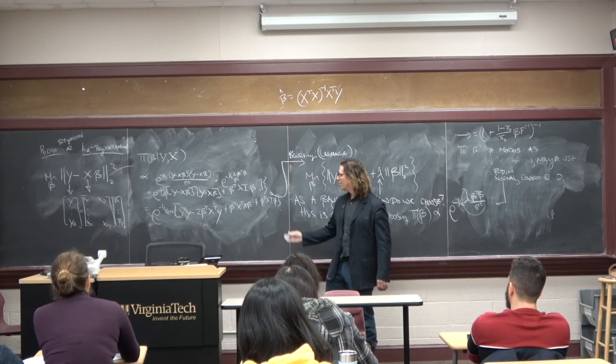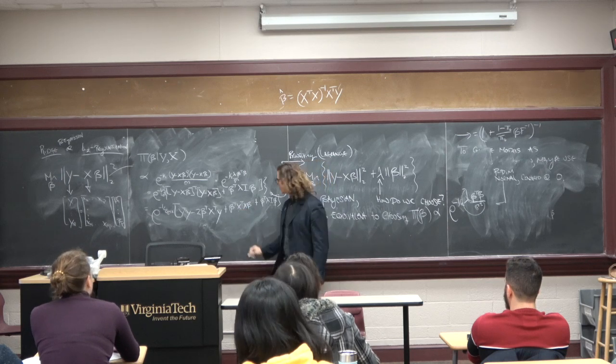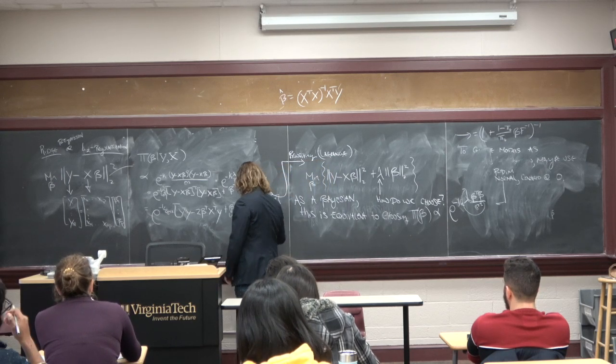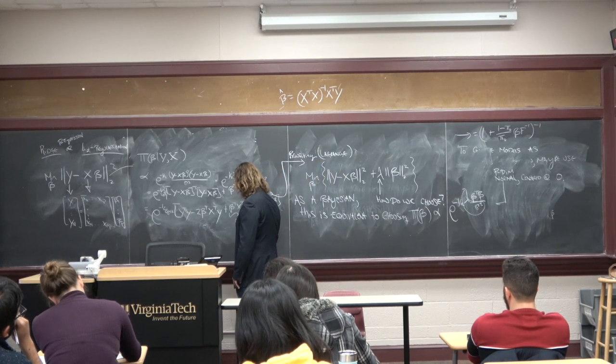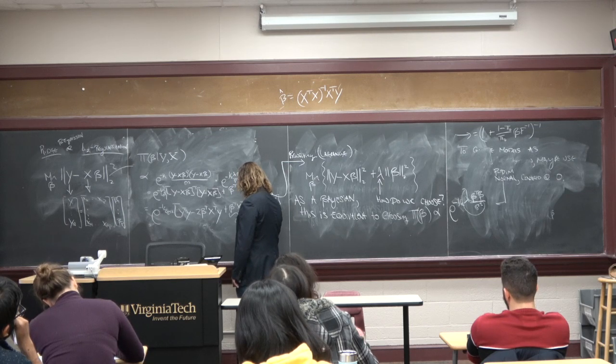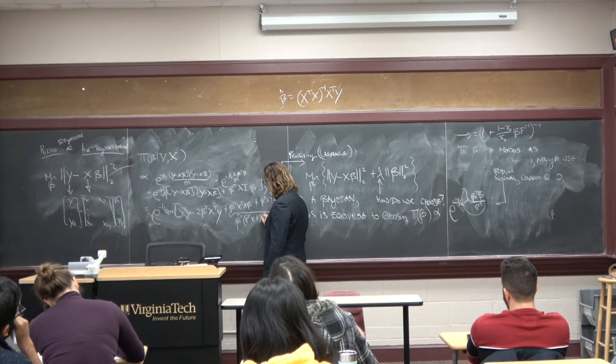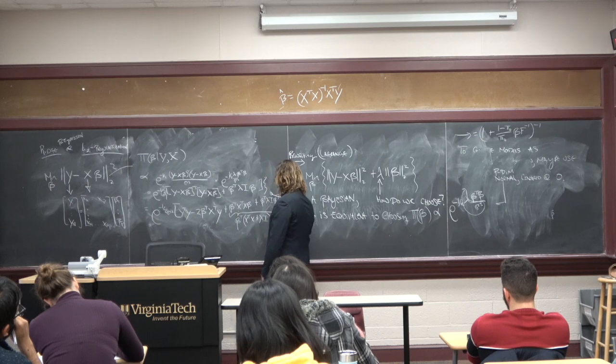That's everything. I'm going to combine these 2 terms. So this is going to be beta transpose x transpose x plus lambda I beta.